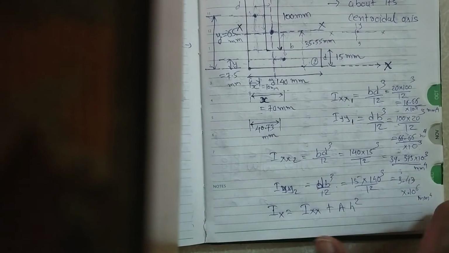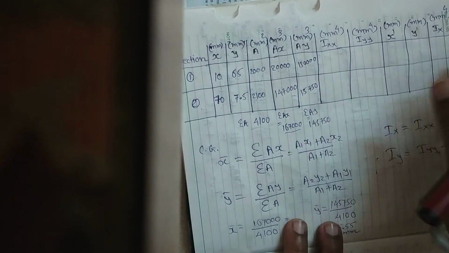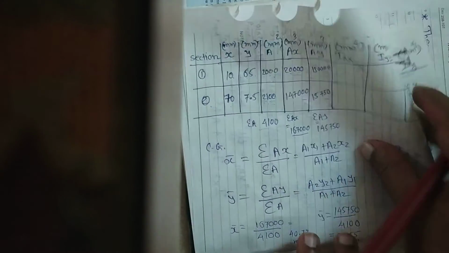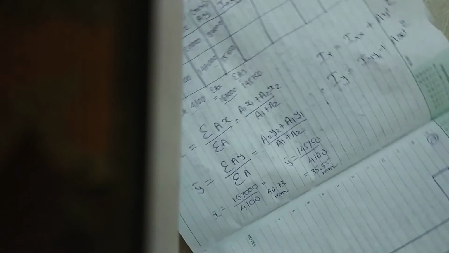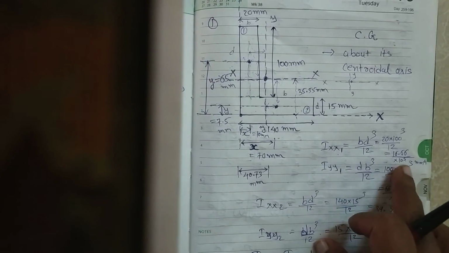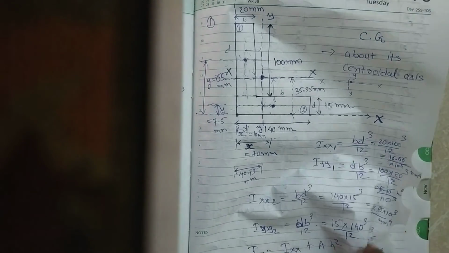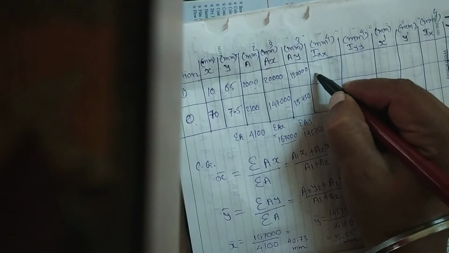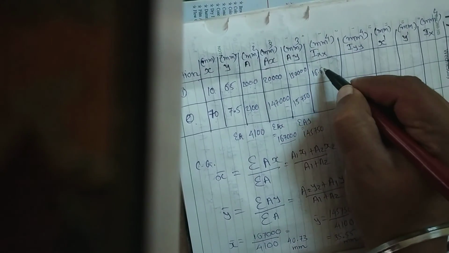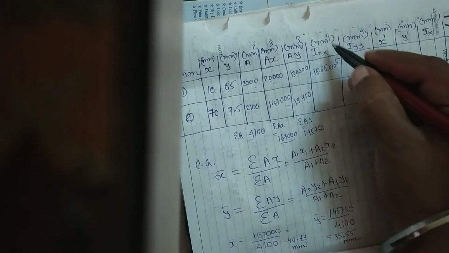Right now you have all these values, so you just put them in the table format here. Ixx of section 1 and Iyy of section 1 are already calculated: 16.66 into 10 raised to 5 and 66.66 into 10 raised to 3, with unit mm raised to 4.